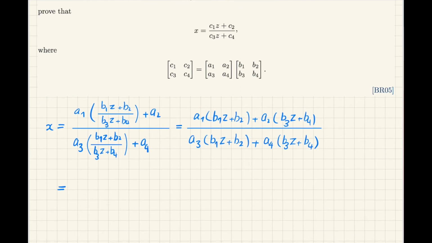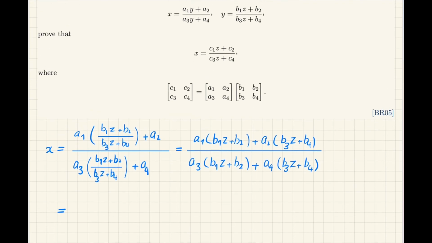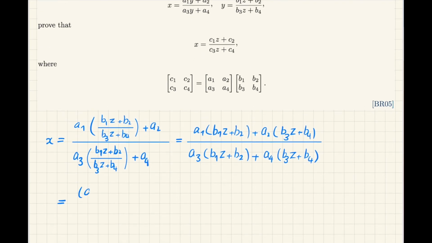So I multiply a1 here, it becomes a1b1z, and then I will have a2b3z, and I factor that z out. So it becomes a1b1 plus a2b3, and then I have z. And then I will have a1b2 and a2b4 left.